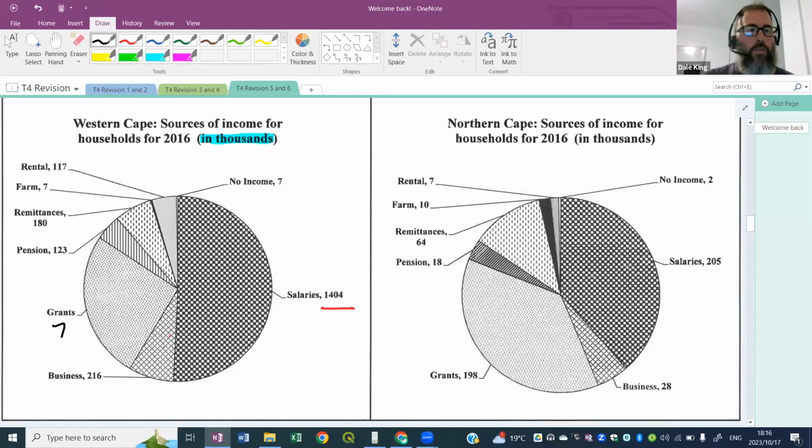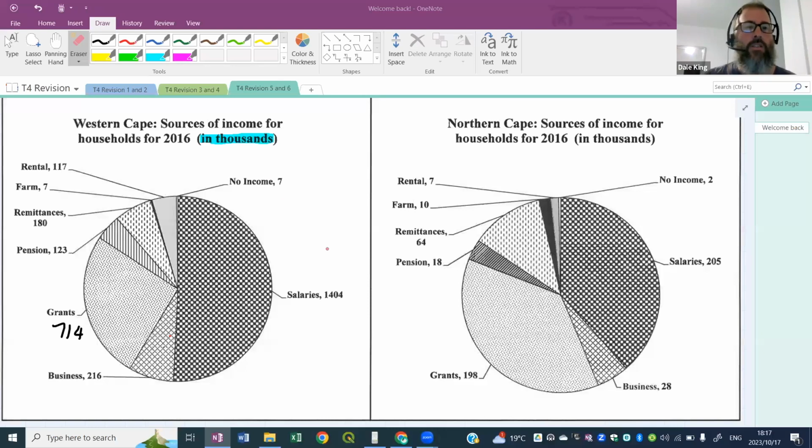Third highest source of income. Some people are saying business, some people are saying grants. What do you guys say? What do the rest of you say? Grants and business, business and grants.